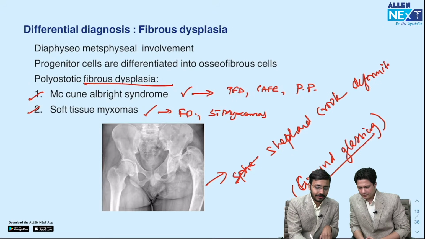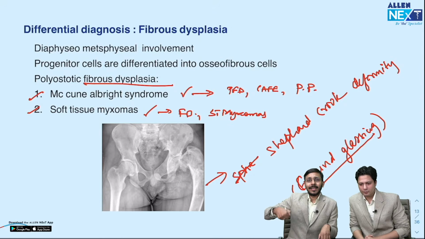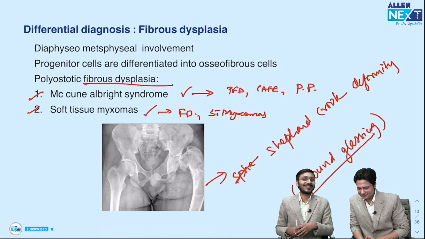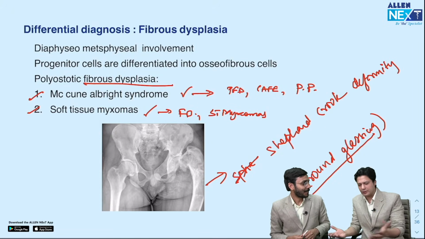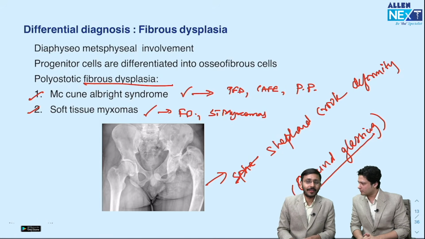The Shepherd's staff is called a Shepherd crook, and it is shaped like this, so that's why it is called a Shepherd crook deformity. Very specific. Whenever you see it, you can blindly go with the answer of fibrous dysplasia.